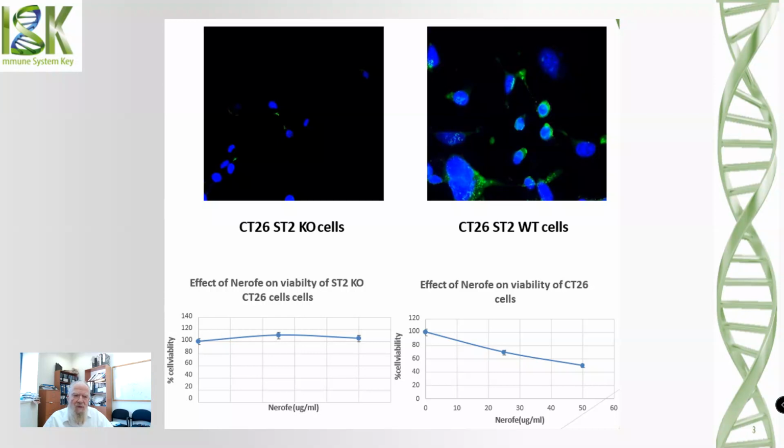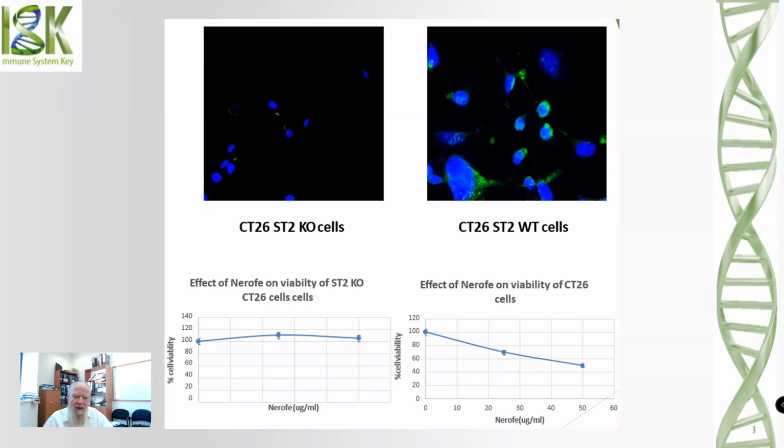As you can see on your right hand, the green stained cells, and on your left hand you can see the cells which are the knockout of ST2. They almost do not express ST2.